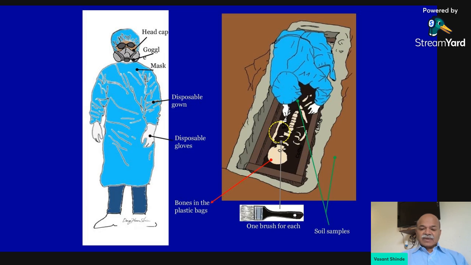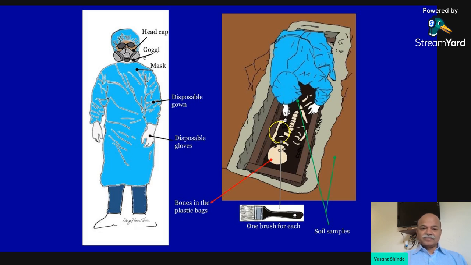But then when we started the work at the site of Rakhigarhi, we got some input from international scholars about the approach that we should adopt. It was suggested to us that we should take proper precaution, because the DNA is so sensitive that it can get contaminated with modern DNA. Therefore we took this type of precaution.